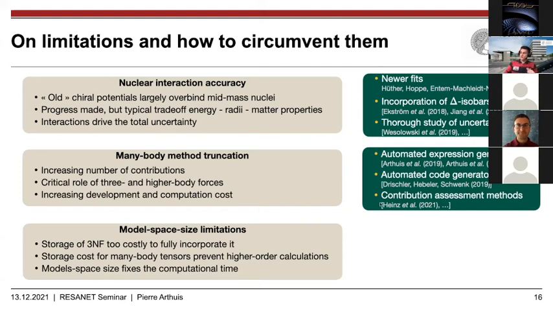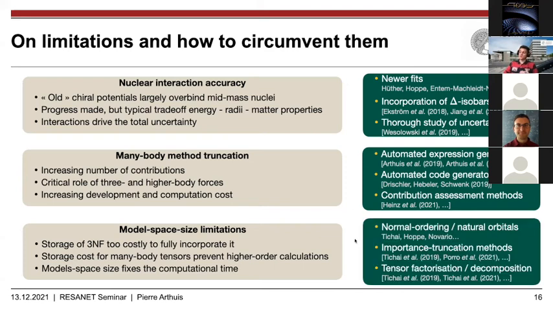Other people are trying to work on assessing the importance of the different contributions at each order to see if we cannot go towards some kind of middle ground expansion method, incorporating only the most important contributions at a new order to keep the computational cost as low as possible, whilst increasing the accuracy of our method.